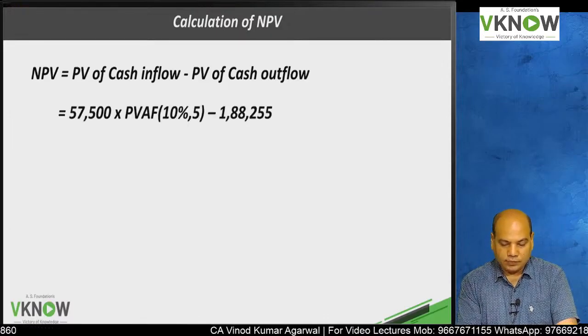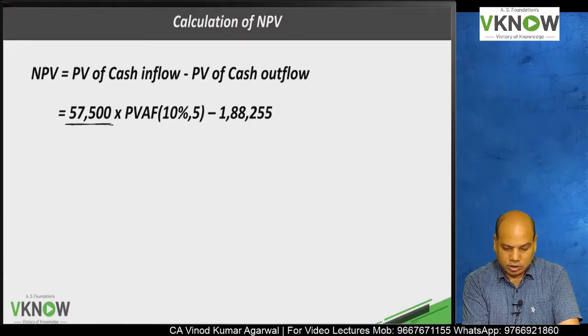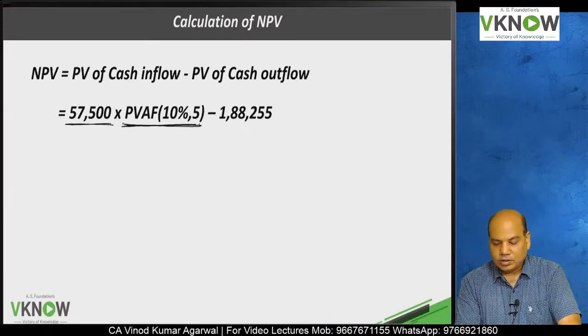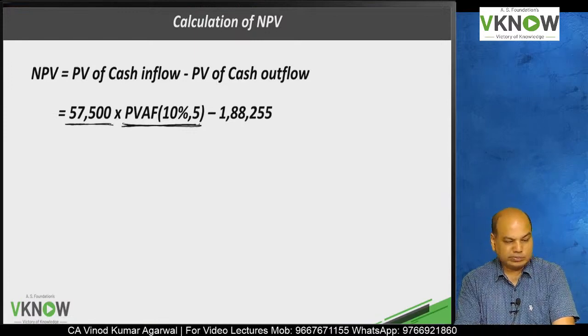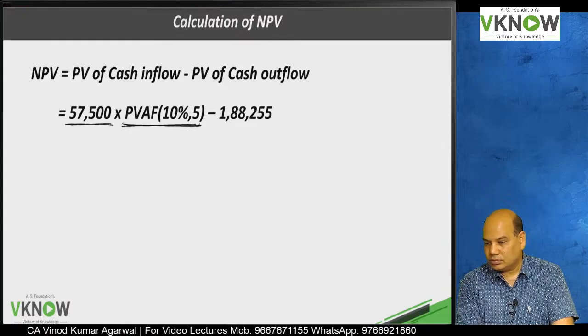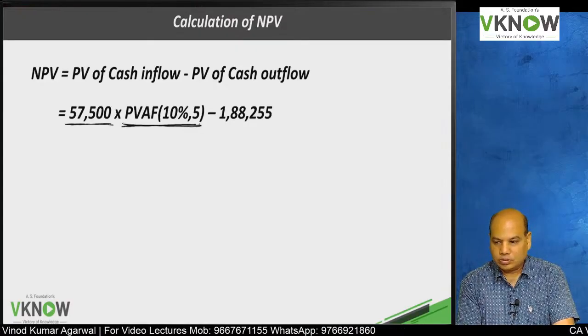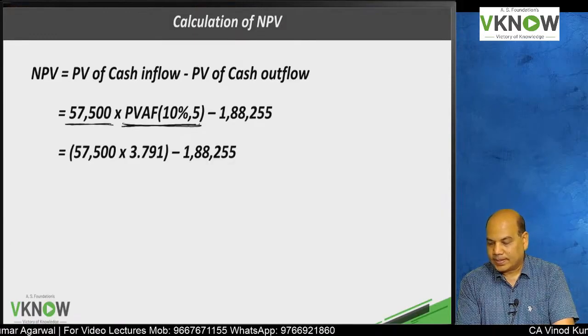PV of cash inflow will be annual cash inflow into PV annuity factor at 10%, 5 year, minus 1,88,255. Solve and give me the answer. Anybody answer?